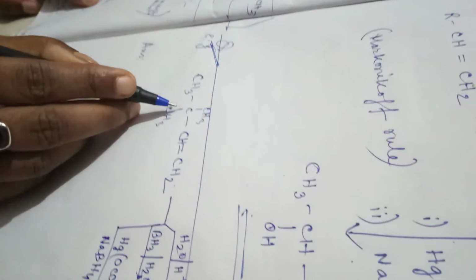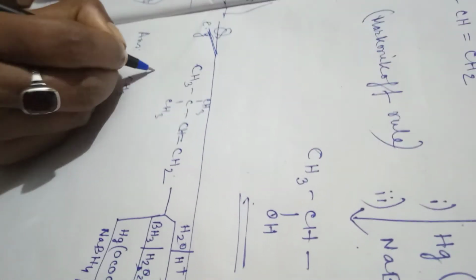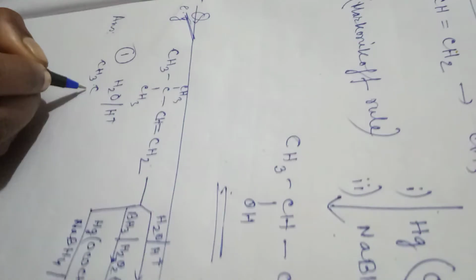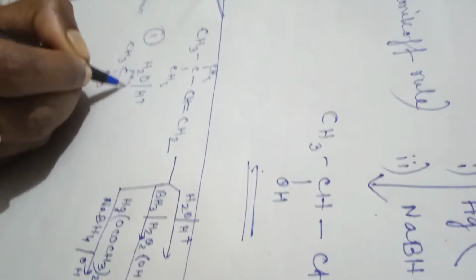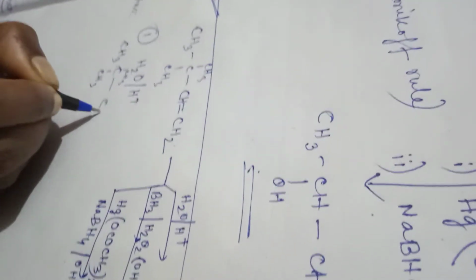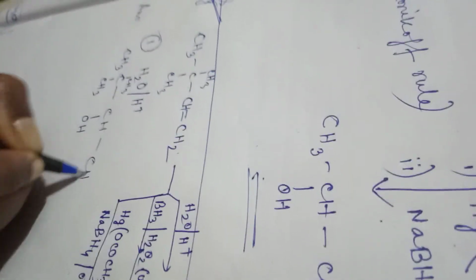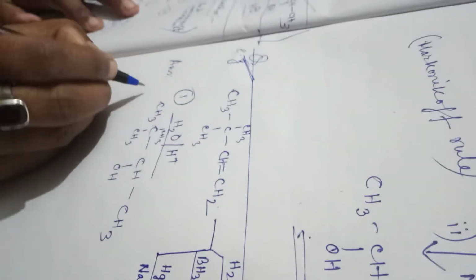See, the product we are expecting is simple. In the first case, that is H2O and H plus, for CH3 single bond CH, here we will add OH and here we will add CH3. This one we are expecting, isn't it?